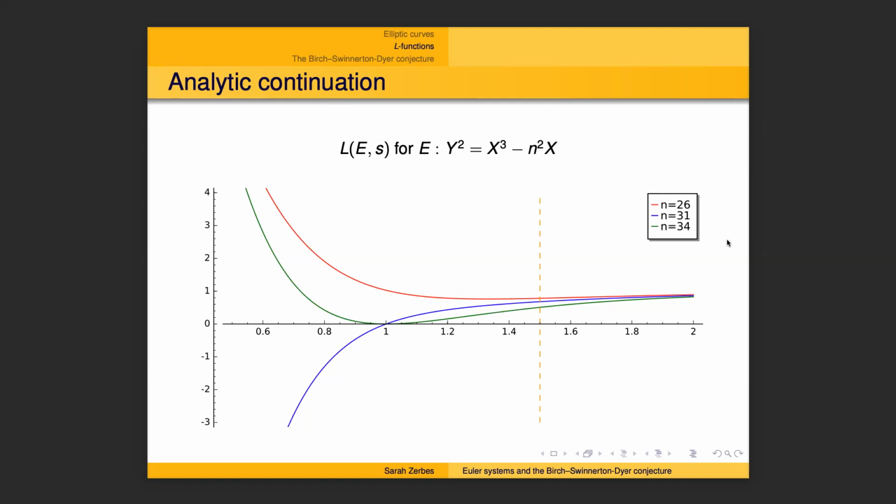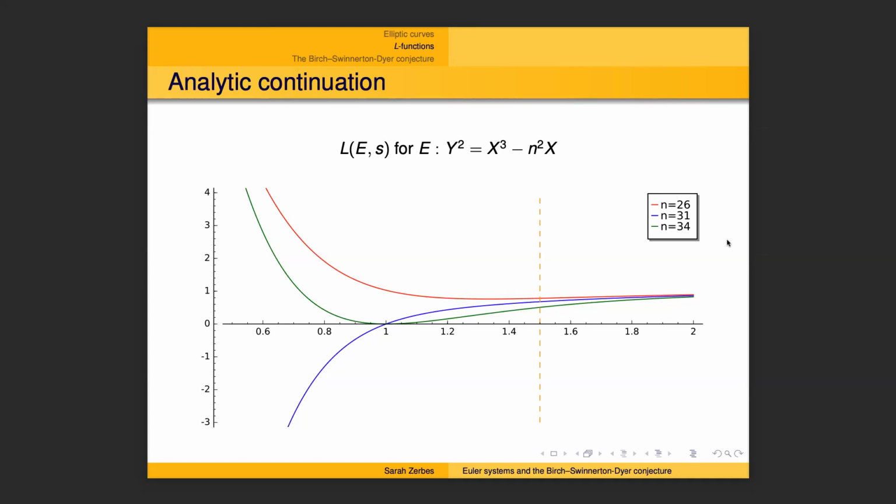So for the elliptic curve which has rank 0, the L function does not vanish at the point S equals 1. But for the two elliptic curves of positive ranks, the L function does vanish at this point, and it vanishes to even and odd order. And one can show that the orders to which it vanishes are precisely 1 and 2.